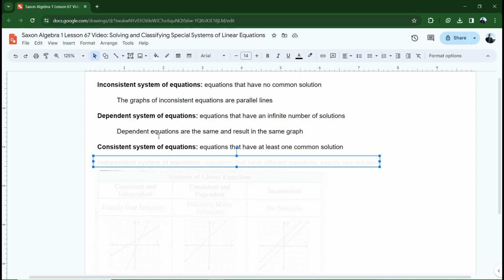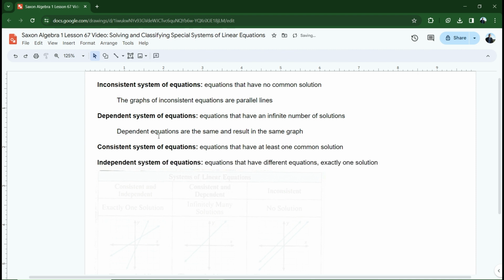And then lastly, independent. Now, there's a little bit of debate as to what the definition is. In our book, it says that independent systems have exactly one solution. Other places will define independent systems simply as equations that are unique, meaning you can't reduce one equation to the other.